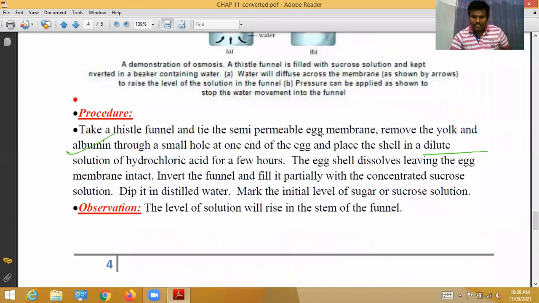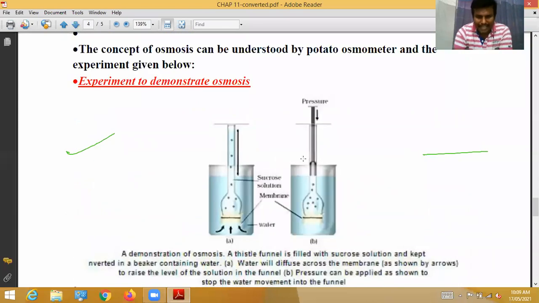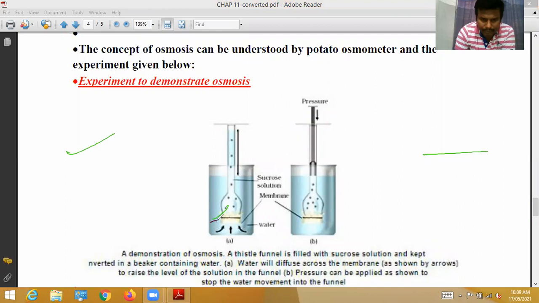Here the water has entered from the beaker to the thistle funnel. So the movement of water from the beaker to the thistle funnel can be prevented by using additional pressure.